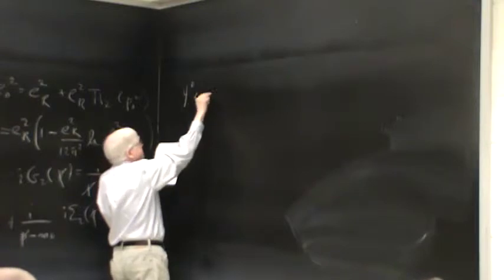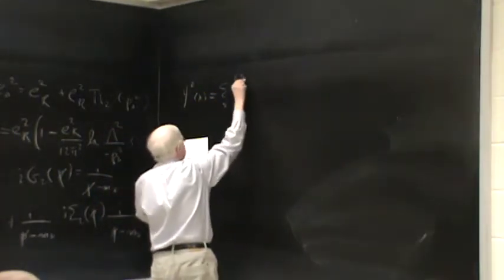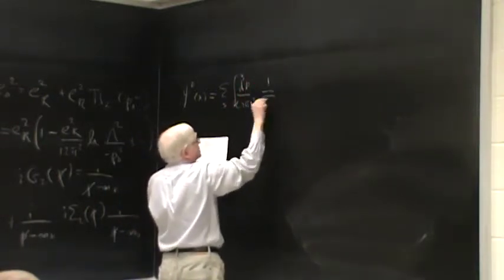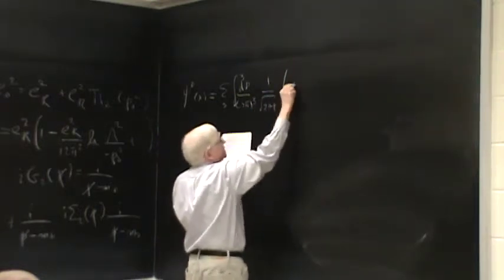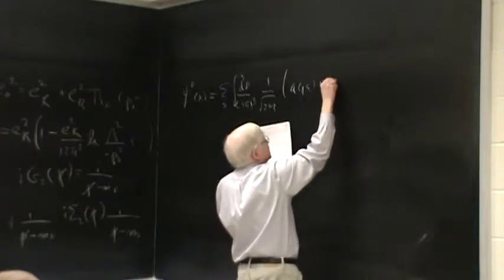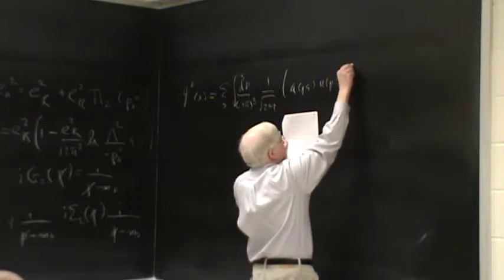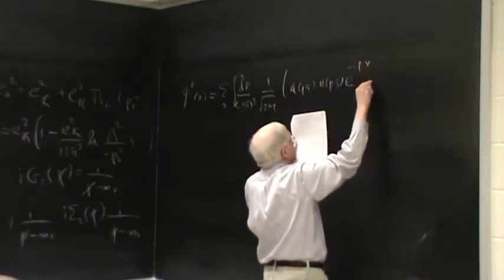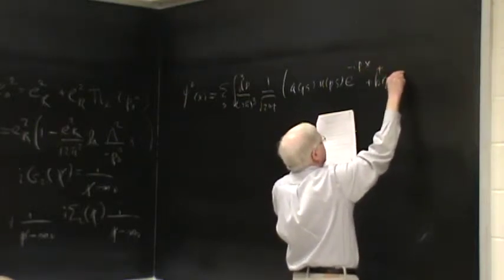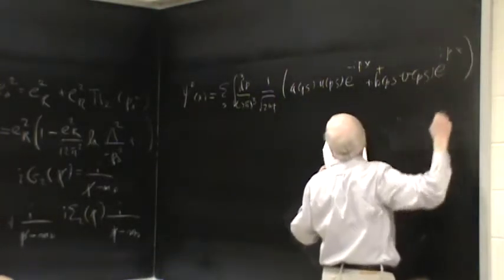our field, of course, is this standard sum over spin, integral d cubed p over 2 pi cubed, square root of 2 omega p, and then a of p and s, u of p and s, using the correct spinors, of course, e to the minus i p x, plus b of p and s dagger, v of p and s, e to the i p x.